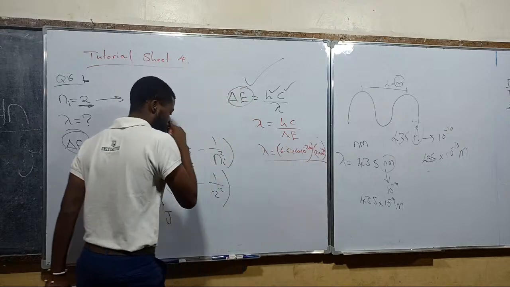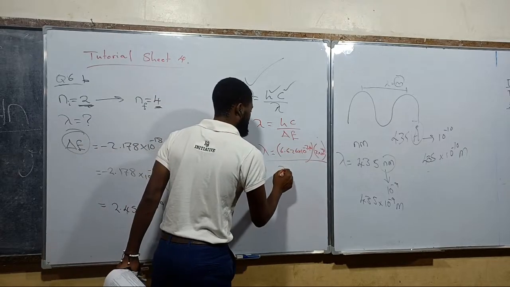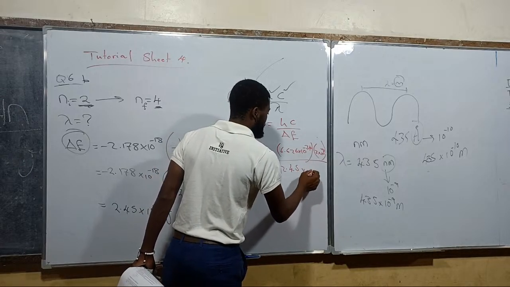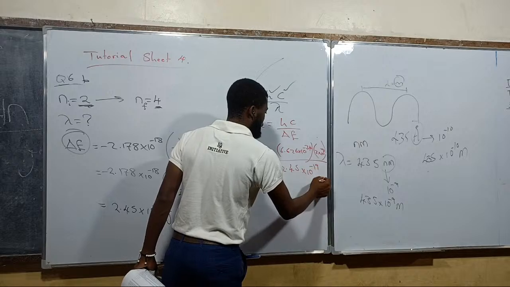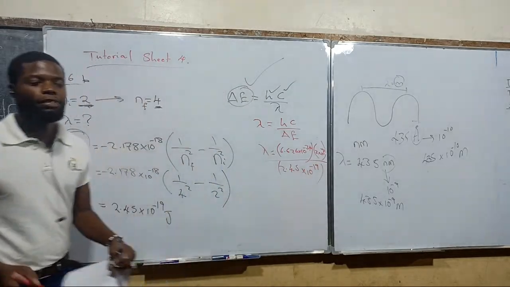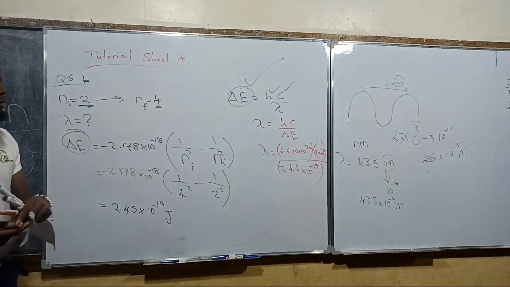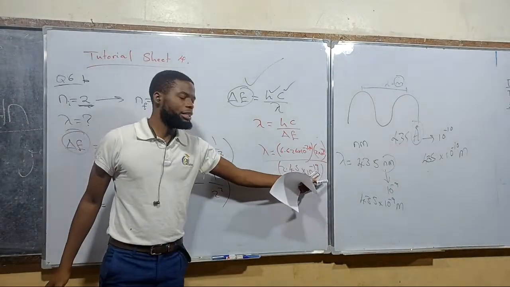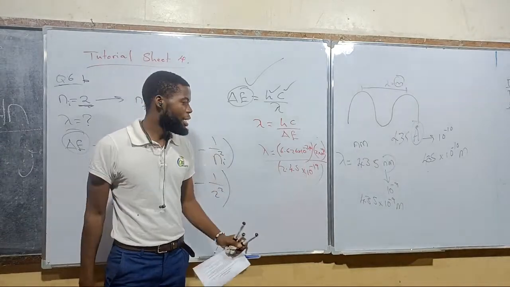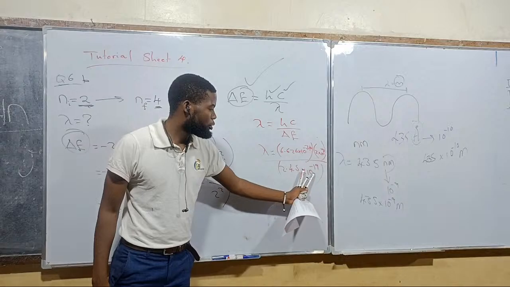Everything divided by the change in energy, which we assume is 2.45 times 10. In most cases the exponent of energy is supposed to be negative 19, the value that you're supposed to get.